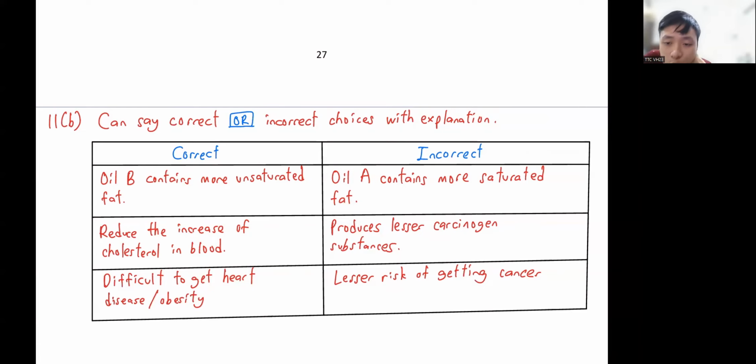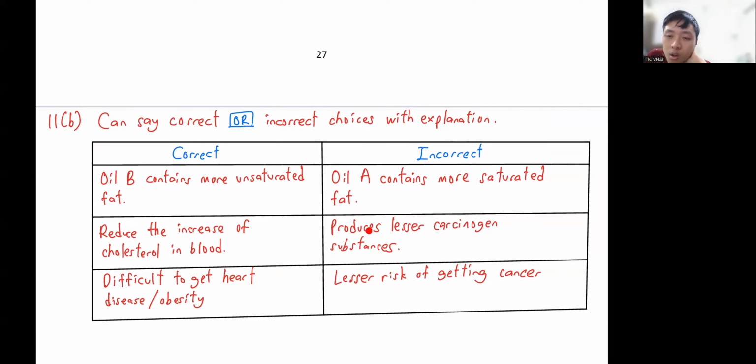But if you choose oil A, if you say she made the wrong choice, then you can say oil A contains more saturated fat. Or you can say what is the advantage?